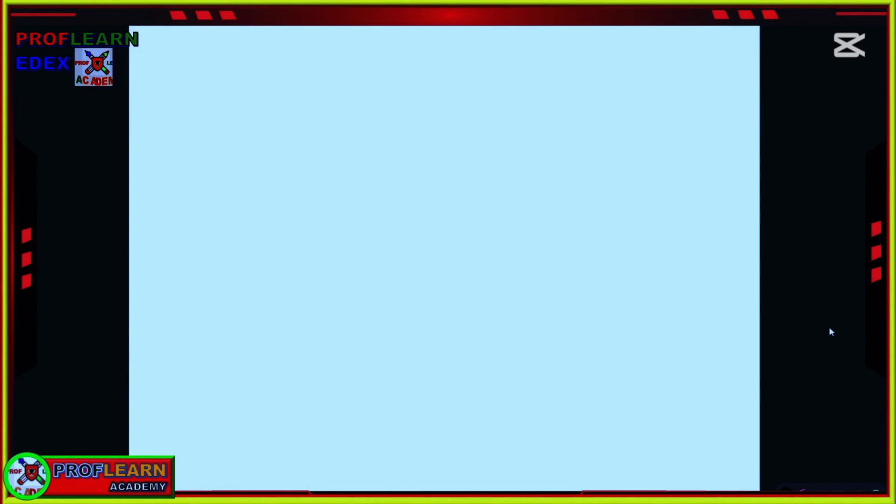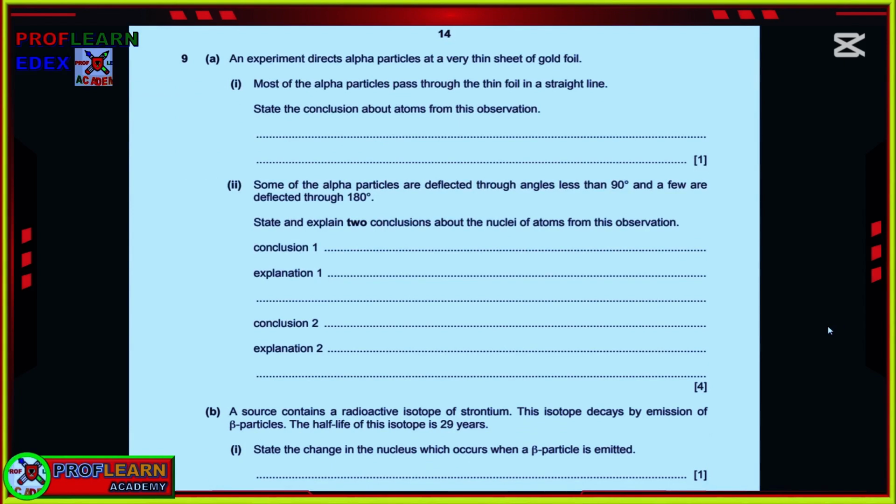We need to move to radioactivity and also the particle model of an atom. In this case, we are told that in an experiment, alpha particles are directed at a very thin gold foil. Most of the alpha particles pass through the thin foil in a straight line. State the conclusion about atoms from this observation.